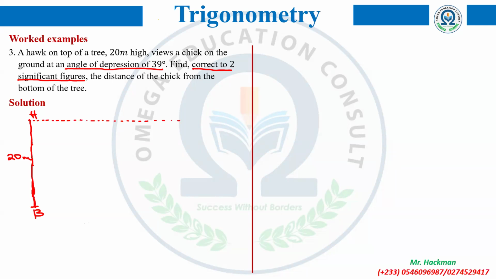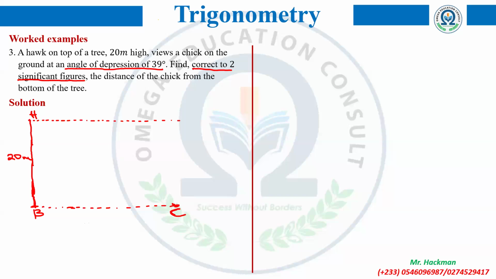So your hawk must turn a certain angle to locate the chick. Your chick will equally be on the floor, assuming the same ground as the bottom of the tree. So your chick will be on the ground. So this is where your chick is. I'm using C to represent chick. Is that clear?